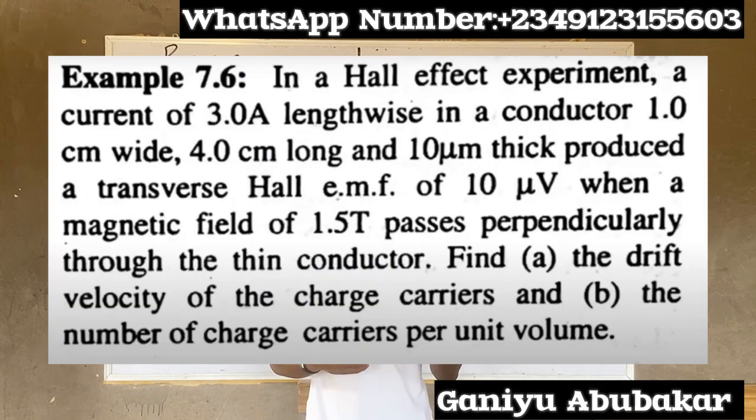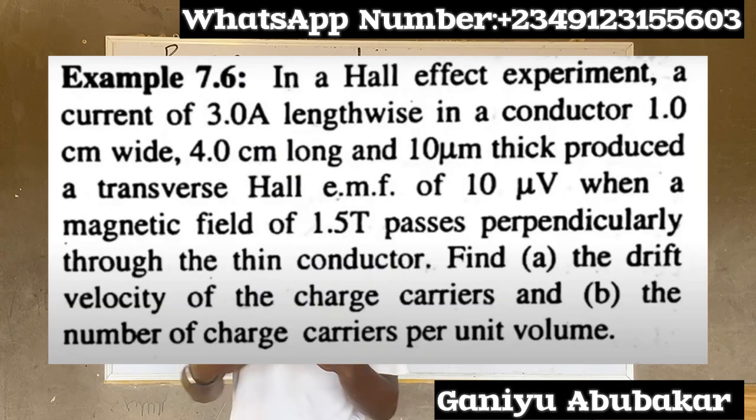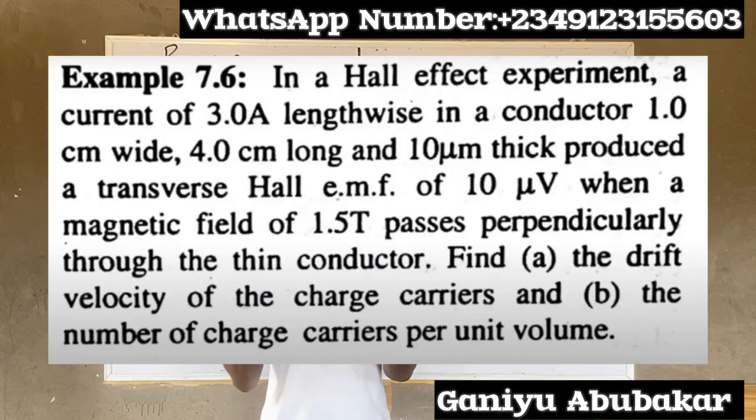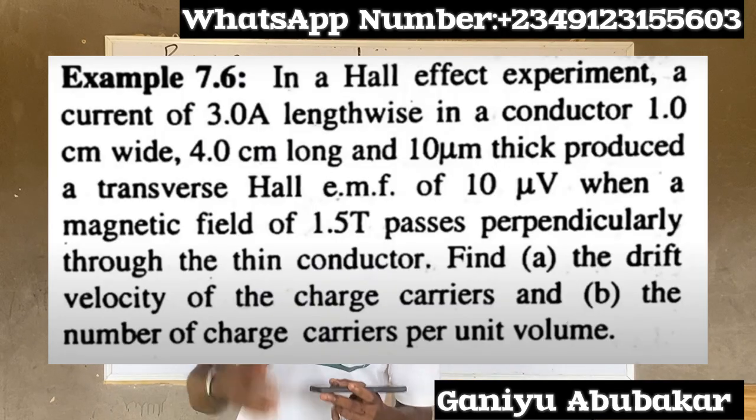Find A, the drift velocity of the charge carrier. B, the number of charge carriers per unit volume, that's N. So let's get this done, please.